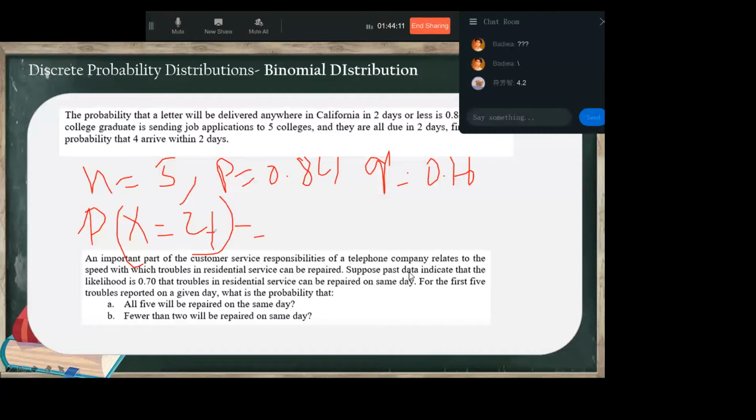Remember I told you the formula: NCX, P power X, Q power N minus X. So you have everything here. So what is NCX? 5 times 4 times 3 times 2 times 1, which is 120, right?